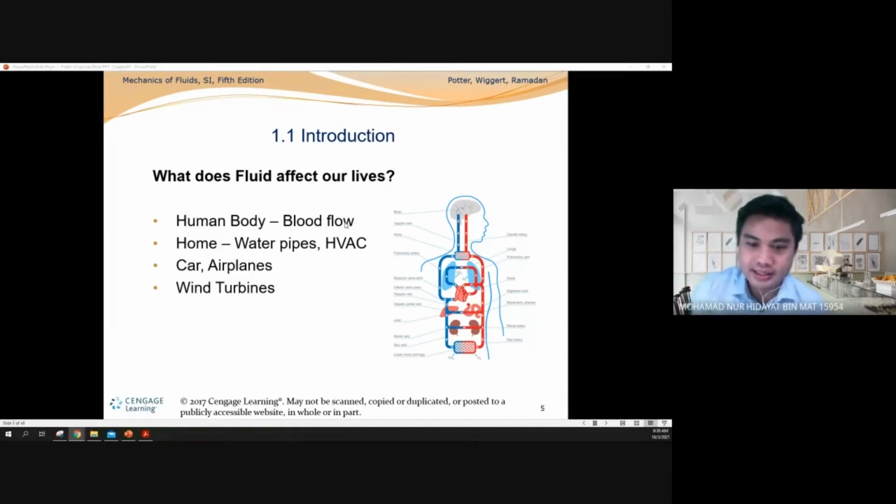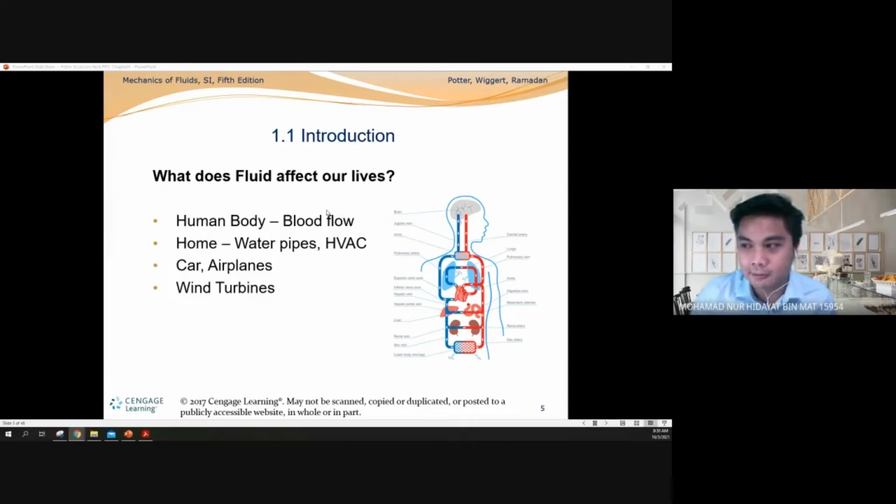We introduce the turbine, which rotates because of the drag force from the wind. Because of the fluid surrounding us, we can utilize fluid flow for our future and for our comfort.